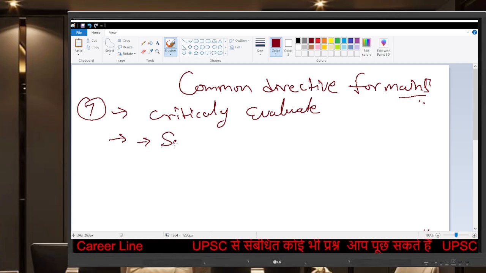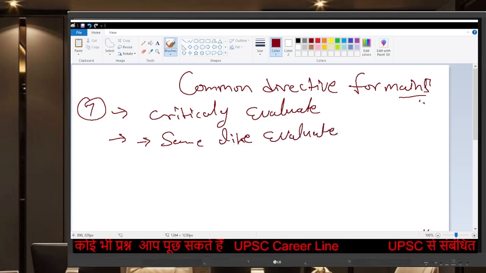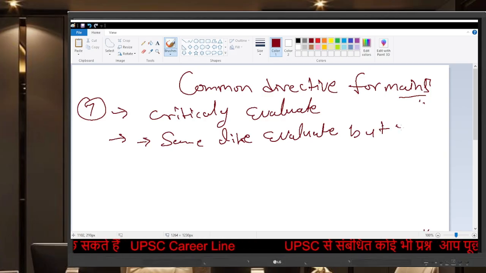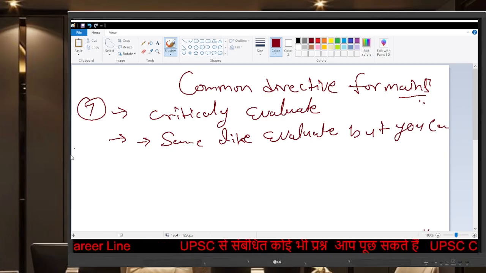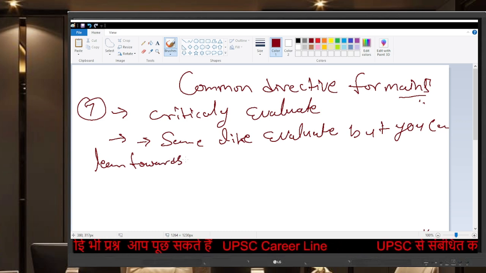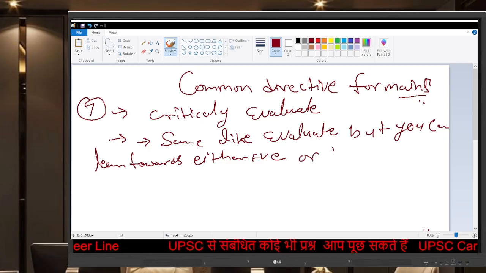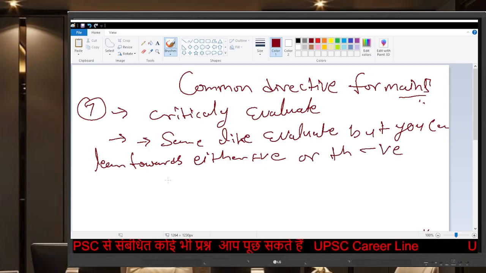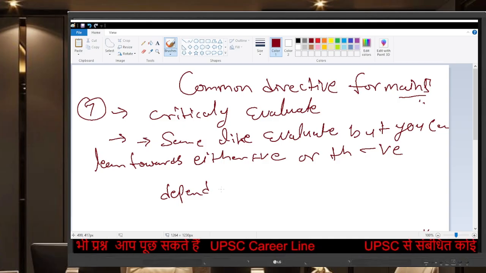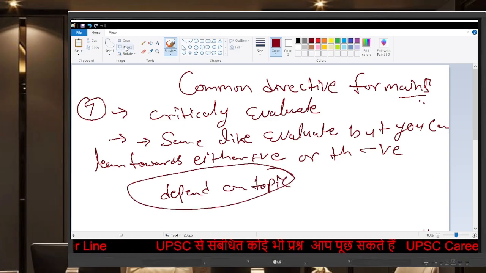You can write the same as evaluate, but you can lean towards either the positive or the negative, depending on the topic. The seventh common directive is complete.